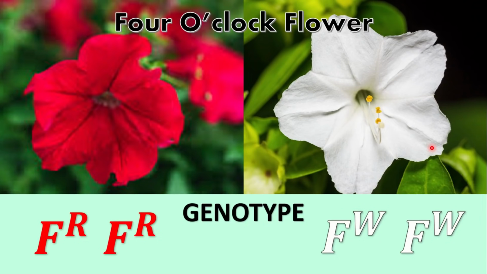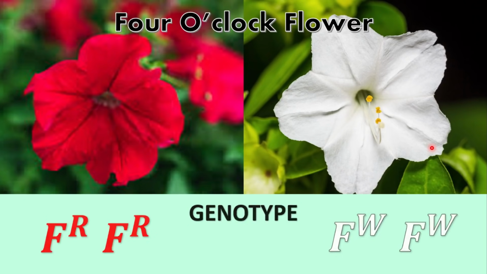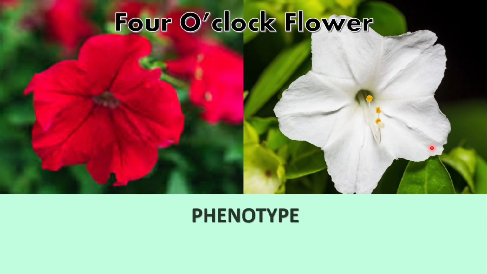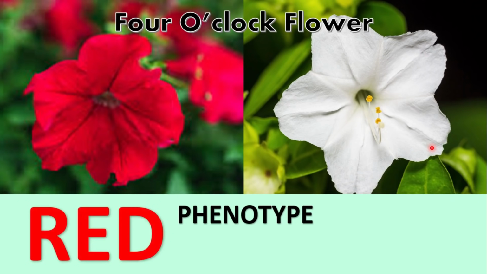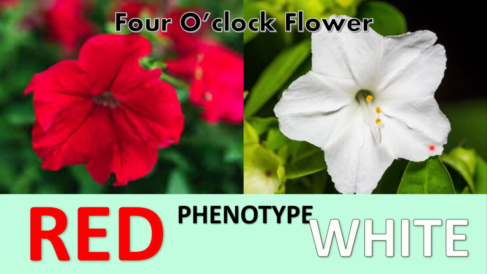That is the genotype, the genetic makeup of organisms. While the phenotype of the first one is red because it is color red, it is its appearance, and the other one is white, the physical appearance or the feature or the trait of the organism. That is the difference between the genotype and the phenotype.